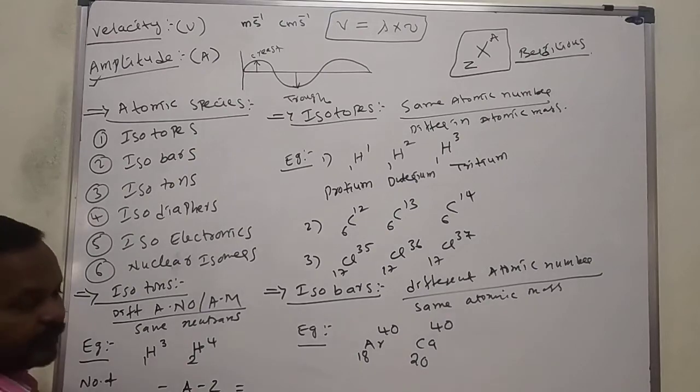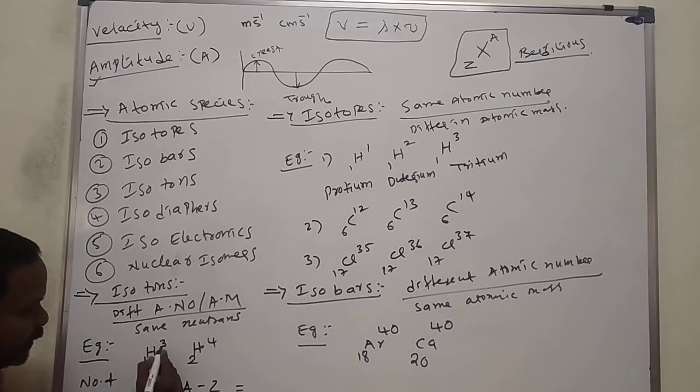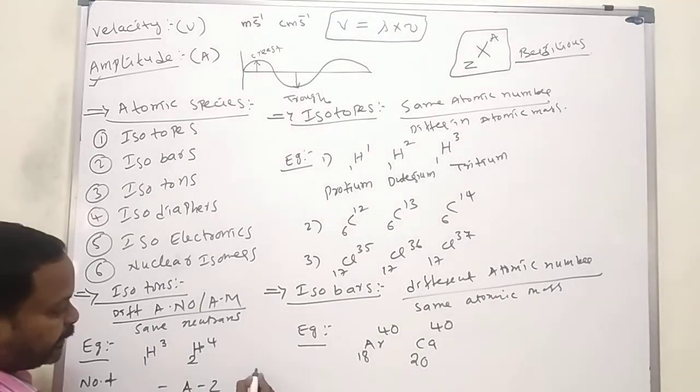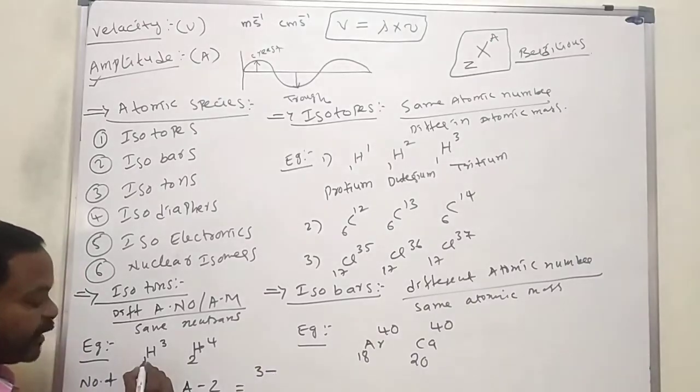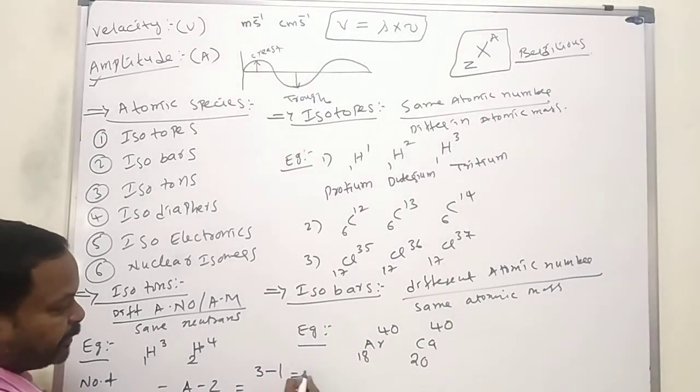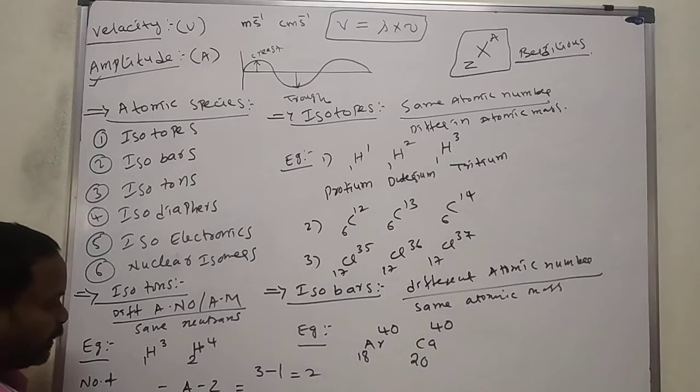Atomic mass. What is the atomic mass of the first one? 3, and the atomic number is 1. 3 minus 2 is equal to 1.